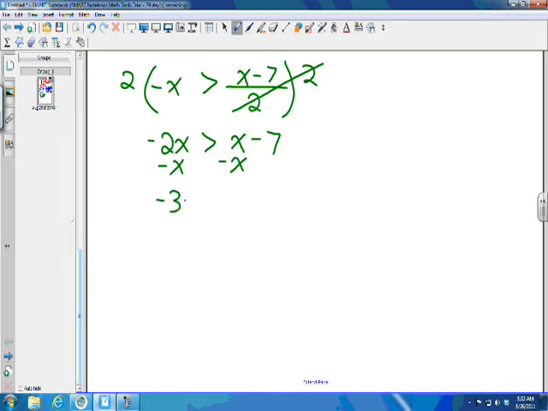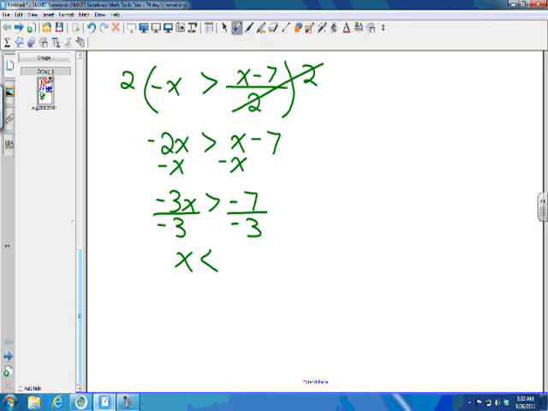So we have negative 3x is greater than what? Negative 7. And then we have to what? Divide by negative 3. So we have x. What do we have to do? Flip the sign because we divided by negative 3.